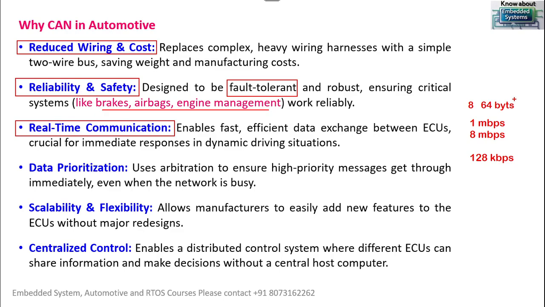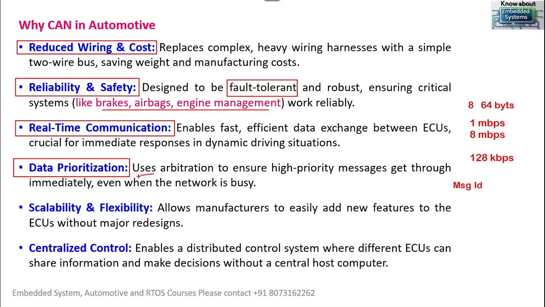Next point is data prioritization. Basically, CAN uses message IDs, and based on the prioritization, we can use these message IDs. Data prioritization uses something called arbitration. You can see here, CAN uses an arbitration mechanism.